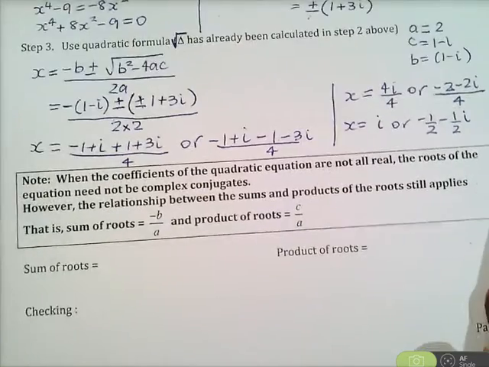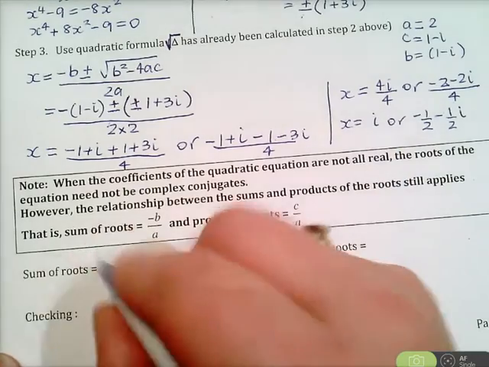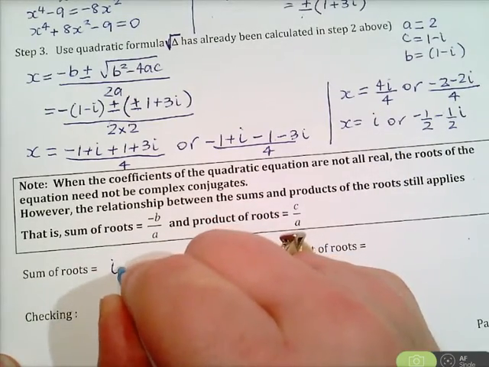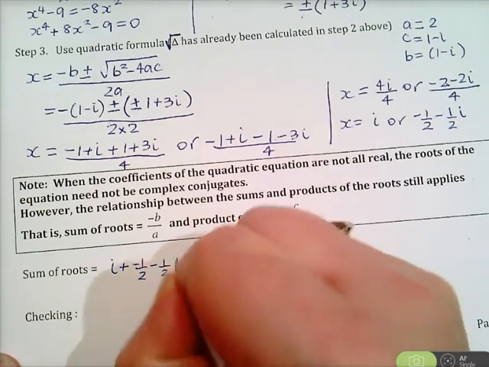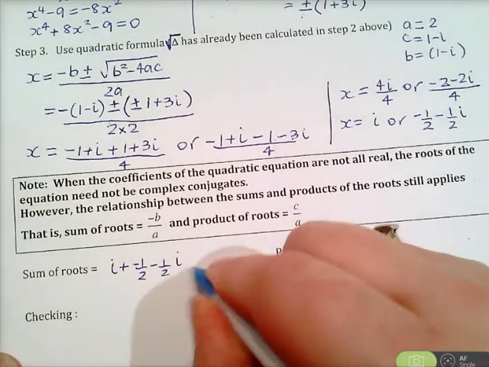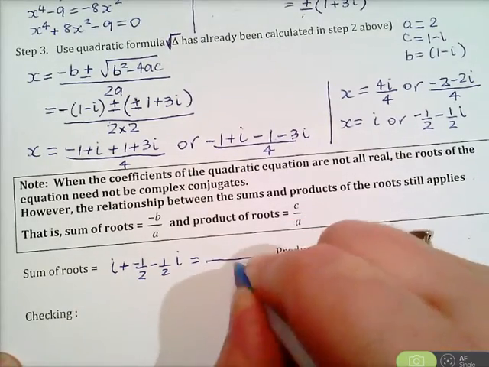So what we're going to do, we're just going to look at the 2 answers that we got, and we're going to do sum of roots. So we've got i plus -1/2 minus 1/2 i. Now if we add those together, I'm going to go to a common denominator of 2.